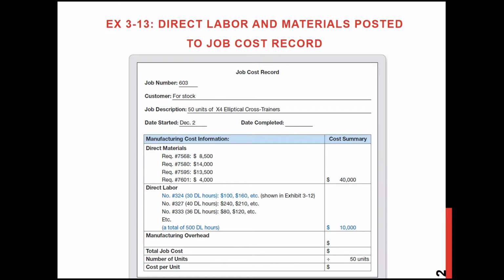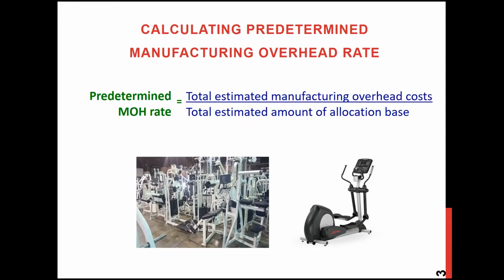So in this chapter and in the next few chapters, we will find different ways to calculate manufacturing overhead cost. The first way we are learning in chapter 3 is this, where you need to calculate one predetermined overhead rate.